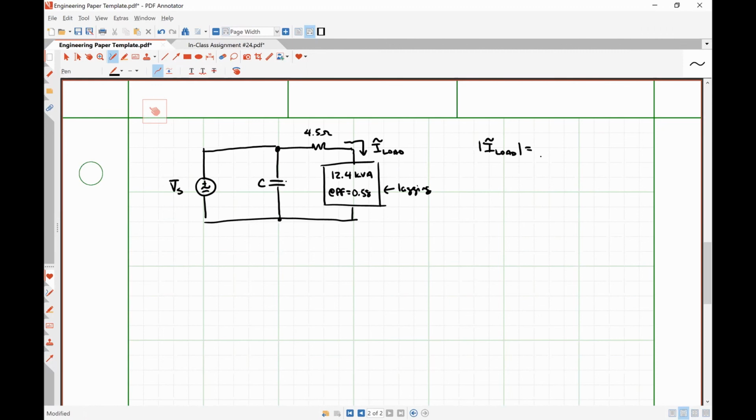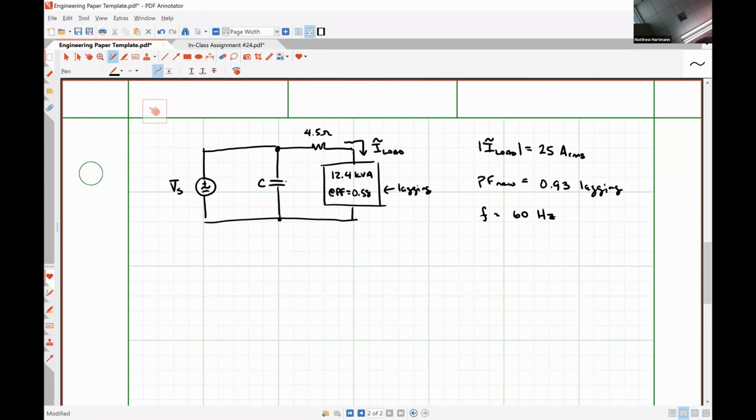Let's see, 25 amps RMS. And we're told that PF new is supposed to be 0.93 lagging. And that our frequency is 60 hertz.